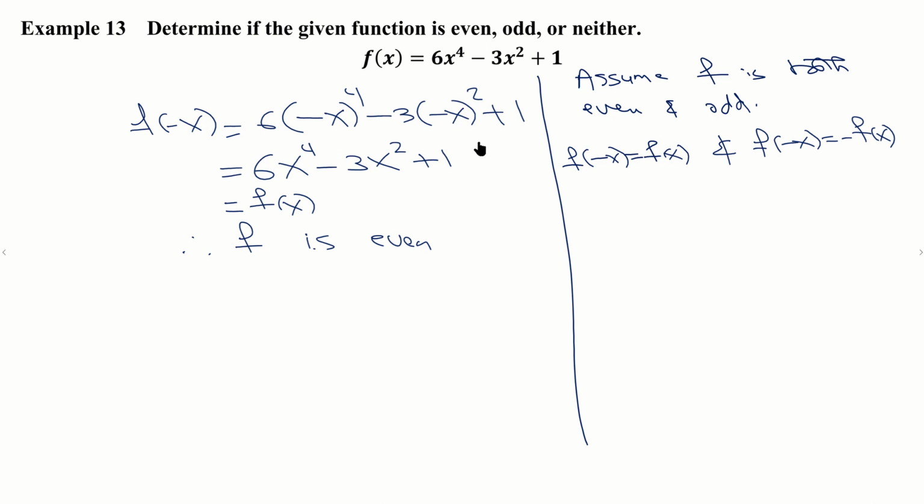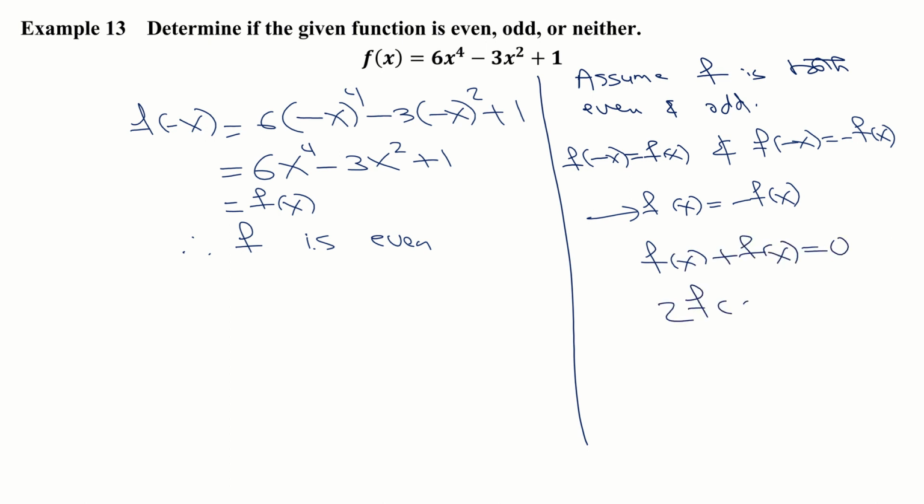So now look, both of these are expressions for f of negative x, right? So they must be equal, right? So that means this implies f of x equals negative f of x, right? Now, if we move both to the same side, we get f of x plus f of x equals 0.